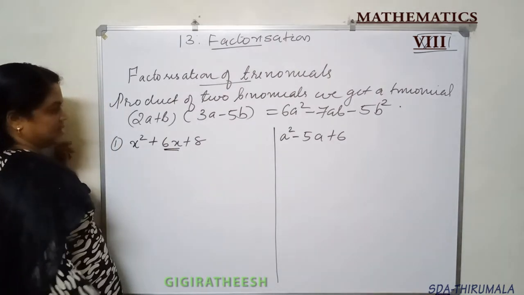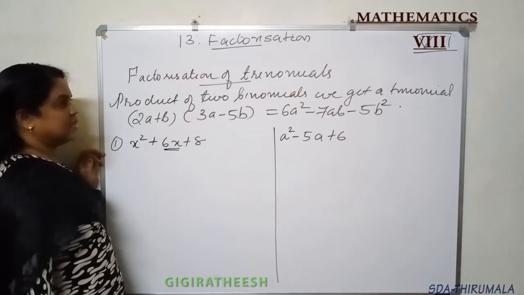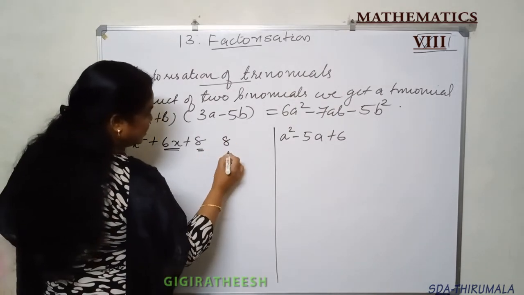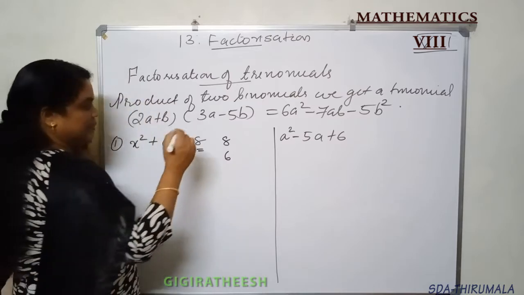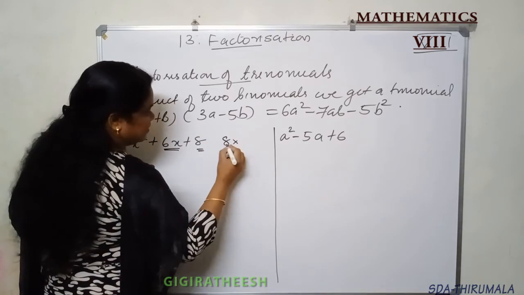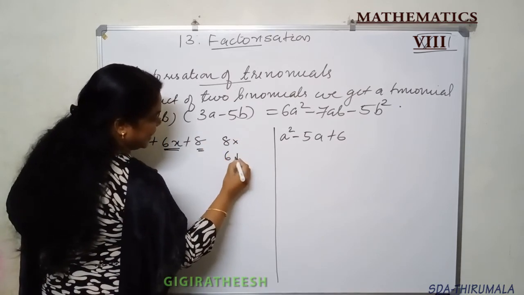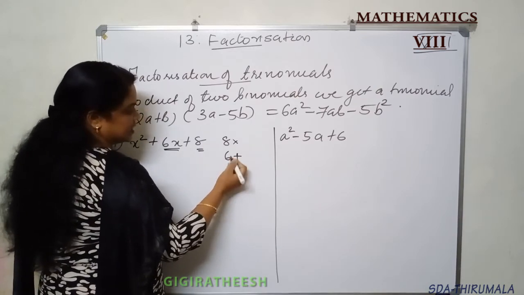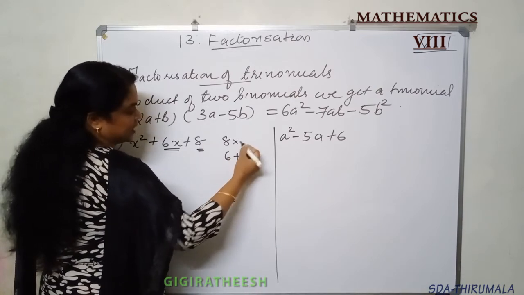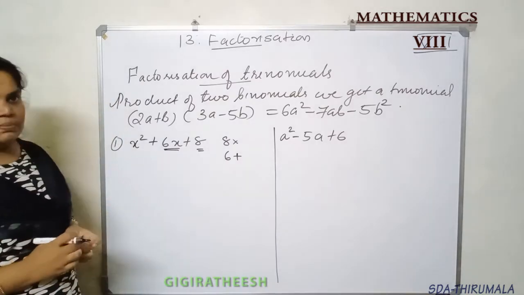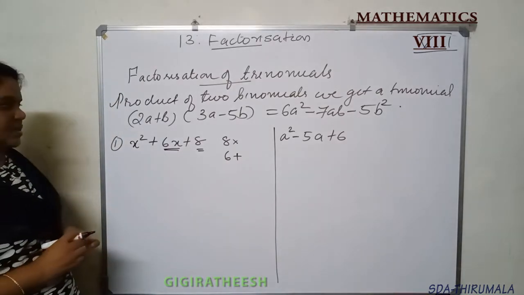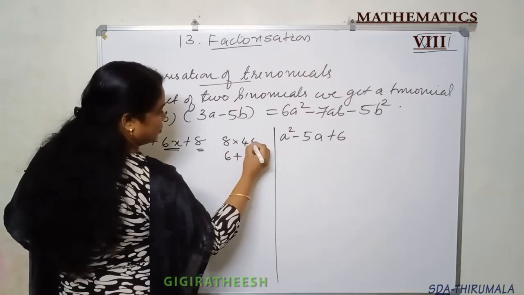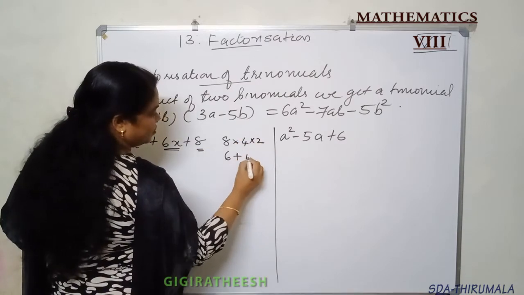Take two numbers such that, when multiplied, we get the last number, 8, and when added, we get the middle number, 6. Select the two numbers: 4 and 2. 4 into 2 is equal to 8 and 4 plus 2 is equal to 6.